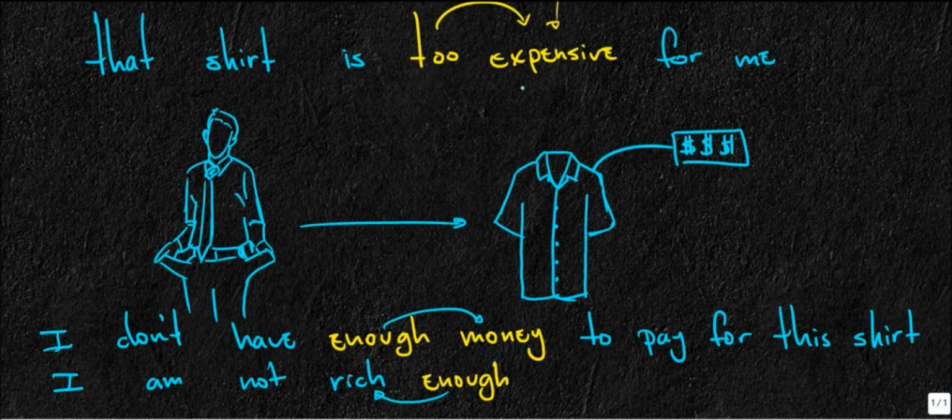So "too" expresses a problem with the adjective, a quantity or an adjective that is a problem for me, and you use it always before the adjective. "Enough" expresses the opposite. The quantity is not a problem for me, right? But I use it in combination with a noun if I write it before the noun, or in combination with an adjective if I write it after the adjective. And that's the concept of "too" and "enough."